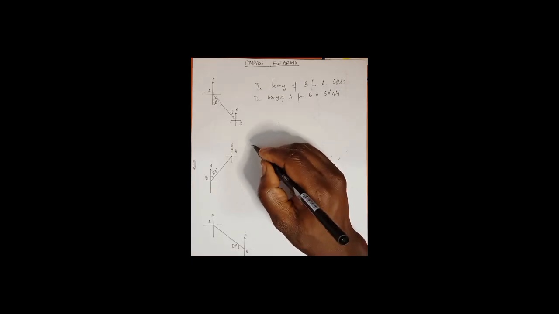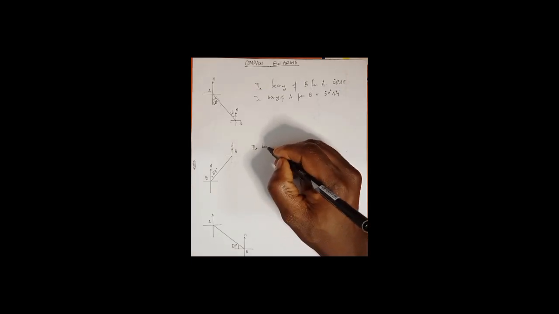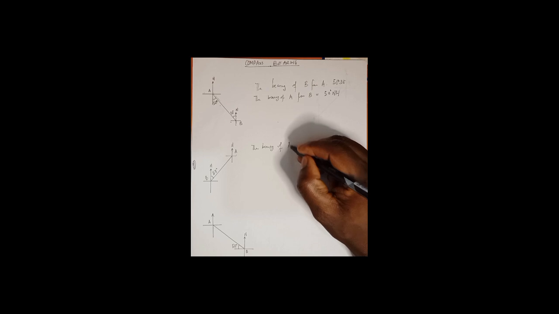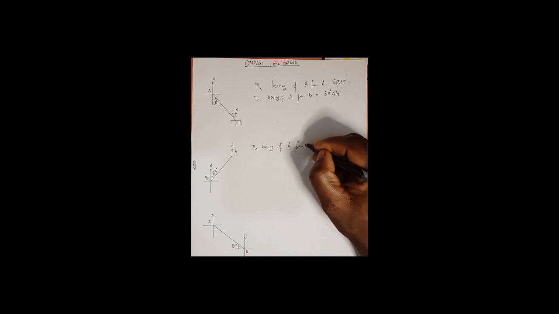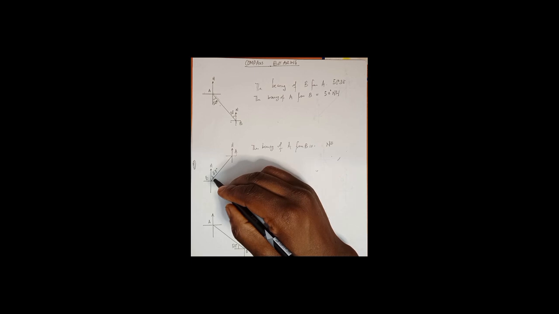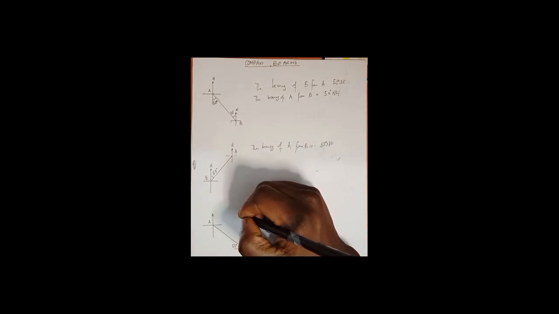Let's check another one. The bearing of A from B is what? From B, I'm moving to which direction? Northeast. And the angle here is made with the north, so my answer is just 58 degrees northeast.